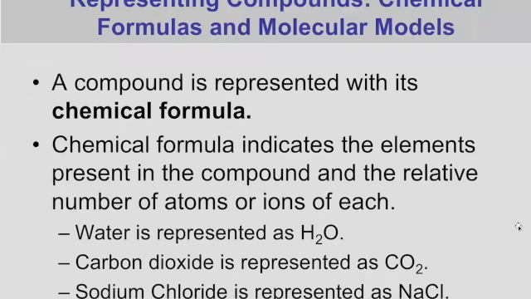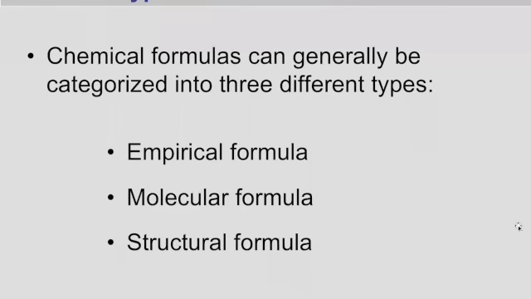Notice H2O, that is a chemical formula indicating that you have 2 hydrogens to 1 oxygen. Carbon dioxide is a chemical formula. Sodium chloride is a chemical formula. Carbon tetrachloride, it's a chemical formula. Now, as I mentioned, we have different ways of representing it.